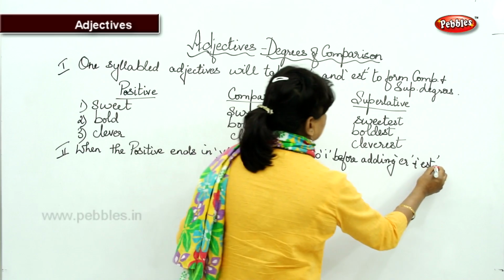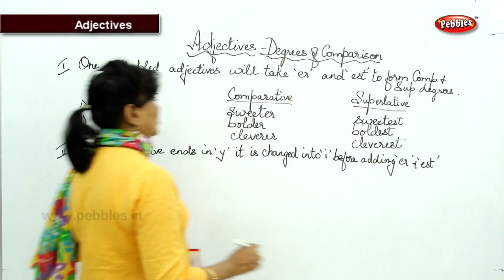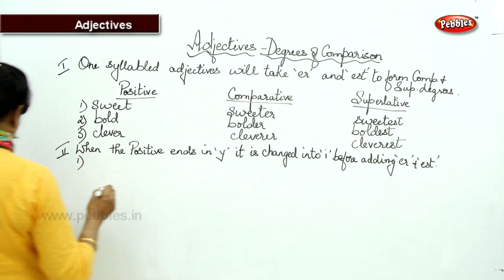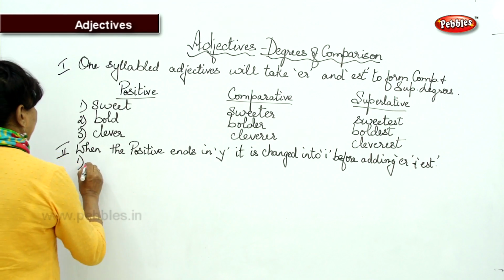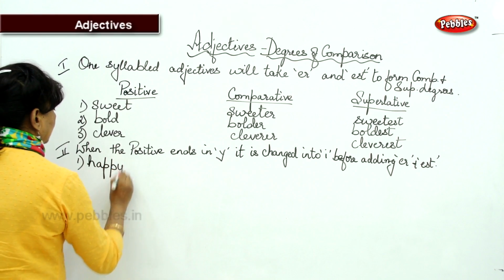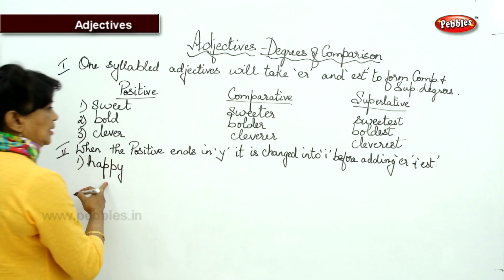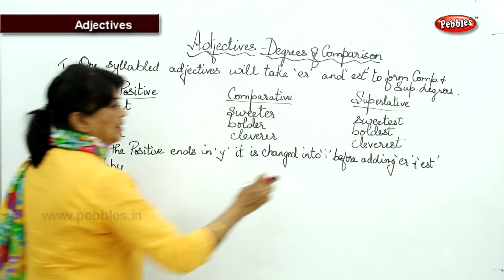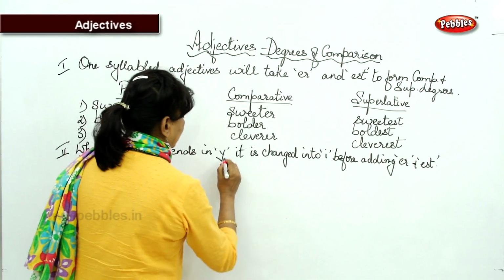Okay. Let us see. First one, happy. It ends with Y. Now Y is taken off and I is added.